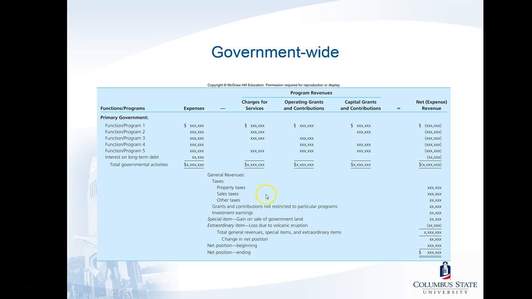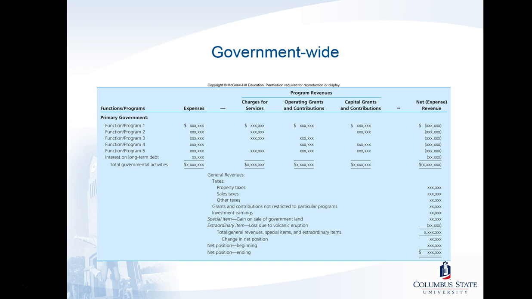At the local level, city and county, the sales taxes, part of the sales tax money does go to the state, but part of it can also be sent to the local governments.